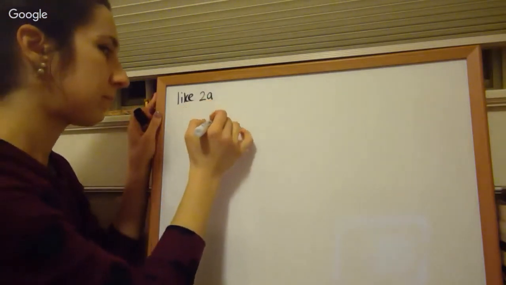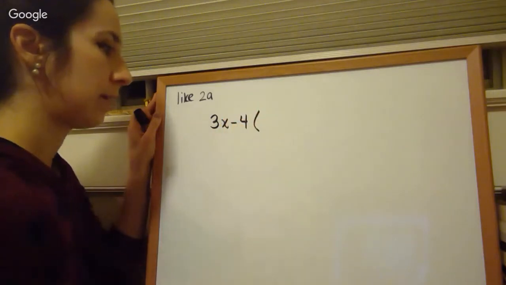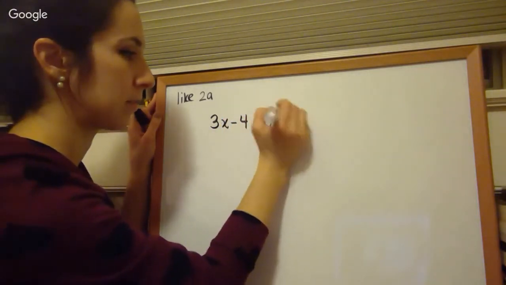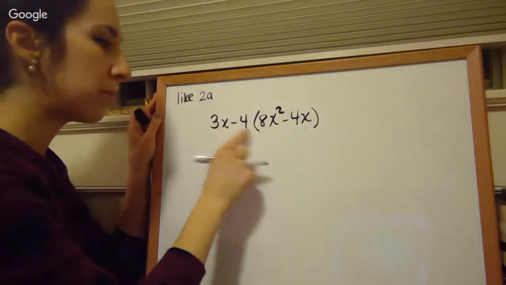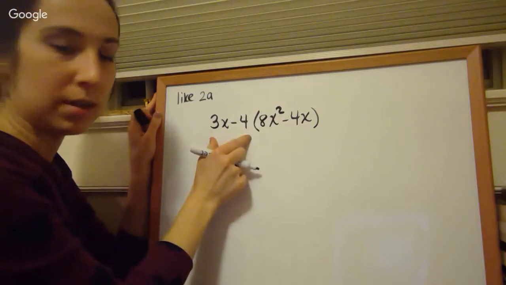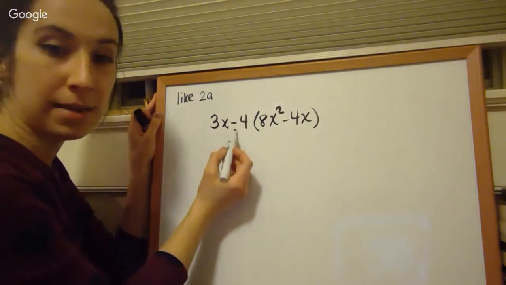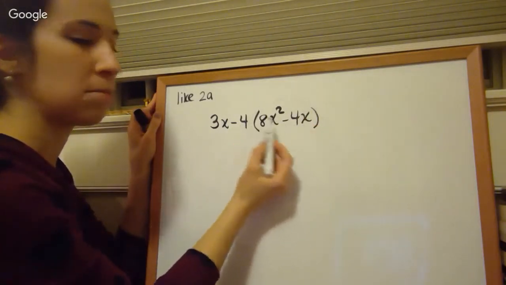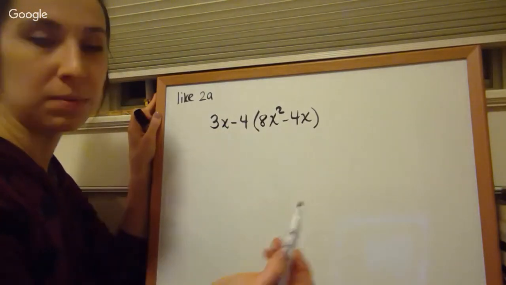Okay, let's say we have 3x minus 4 times, I don't know, 8x squared minus 4x, okay? There are no parentheses around this expression. So there's a subtraction sign here, and then we have 4 next to this expression, so that would be multiplication. So by order of operations, we would do multiplication first.